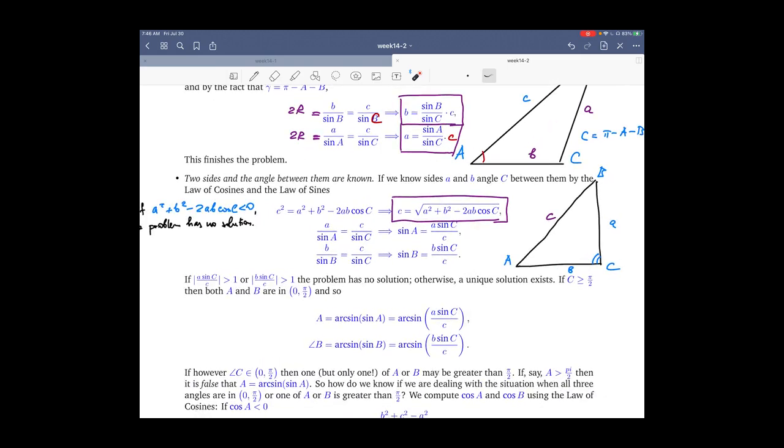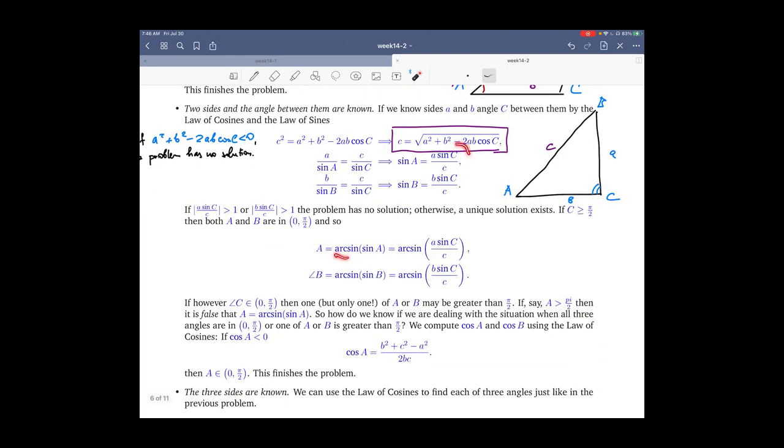Suppose now that both are by absolute value less than or equal to 1, but then there are two different cases, whether angle C that we know is obtuse or acute. If it's obtuse, if it's greater than pi over 2, then both angles A and B are between 0 and 90, and we can find them by taking arcsine of these expressions.